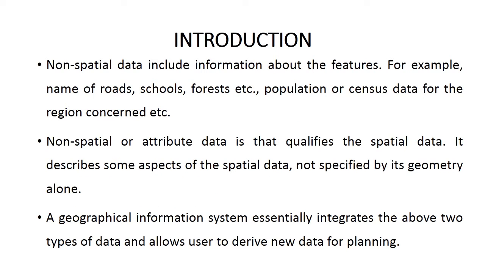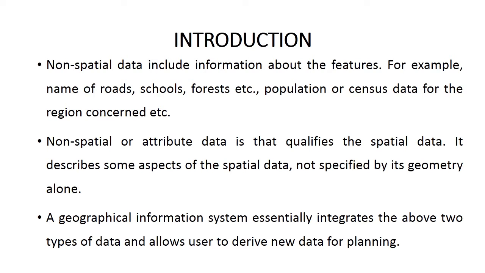Non-spatial data include information about features, for example, name of roads, schools, forest, etc., population or census data for the region concerned, etc. Non-spatial or attribute data is that which qualifies the spatial data.